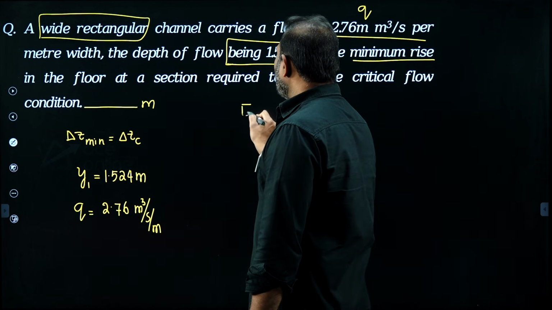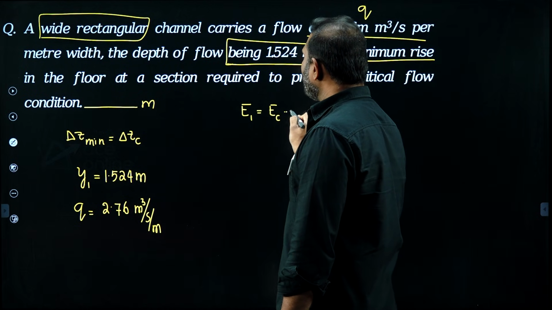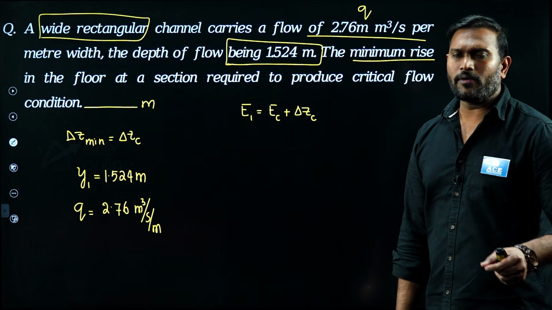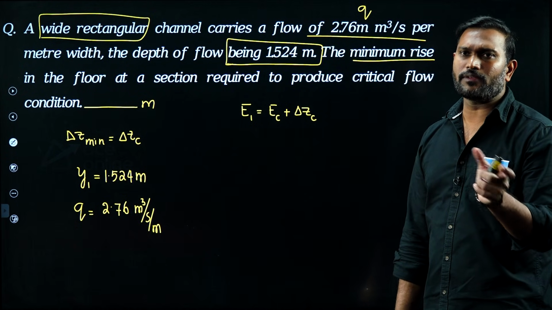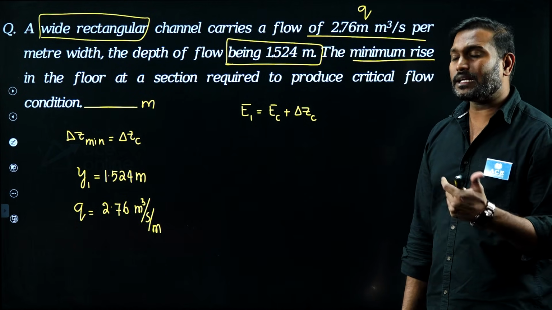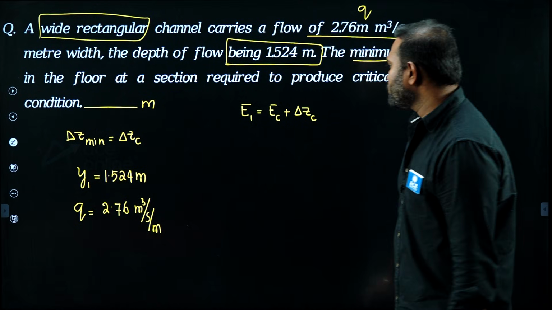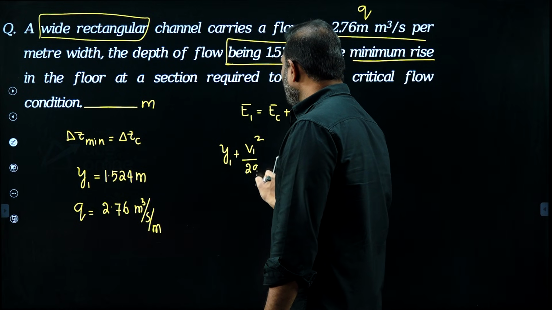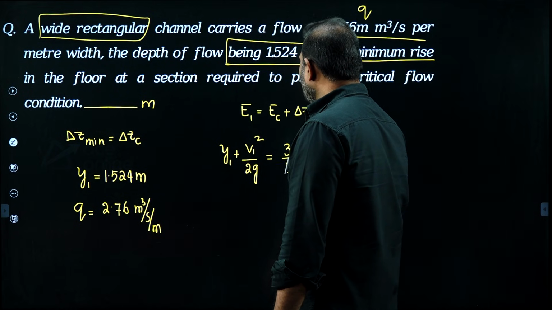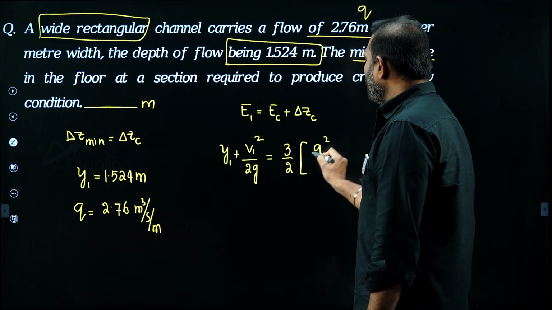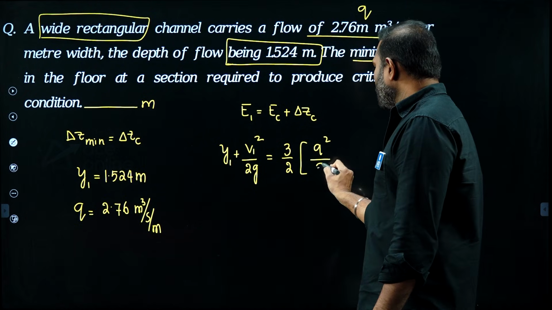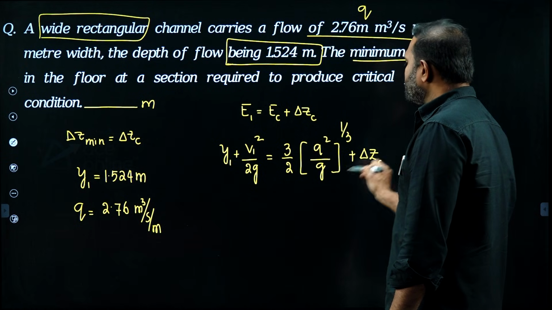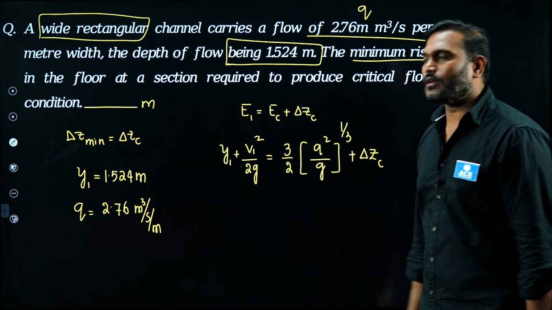Now what about the relation between the energies at that point? E1 is equal to EC plus delta ZC. That's it. Whenever you raise the bed, the relation between the energies is E1 is equal to E2 plus delta Z. But at critical condition, delta ZC and EC. So what is E1? Y1 plus V1 square by 2G is equal to EC, which is 3 by 2 YC, which is 3 by 2 Q square by G whole to the power of 1 by 3 plus delta ZC. Now how to find out the V1 value?